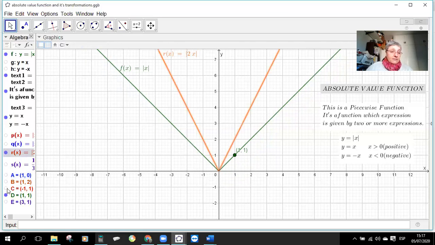Here we have another transformation, which is, in this case, a stretch. In this specific function, you can say that this is a horizontal stretch, or either a vertical stretch, because it fulfills both conditions at the same time.